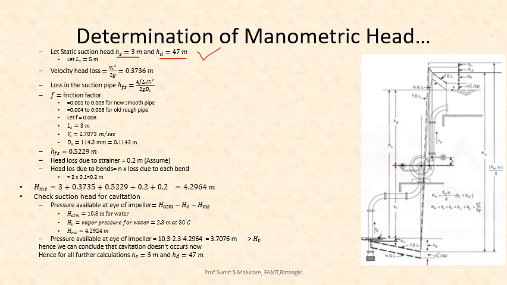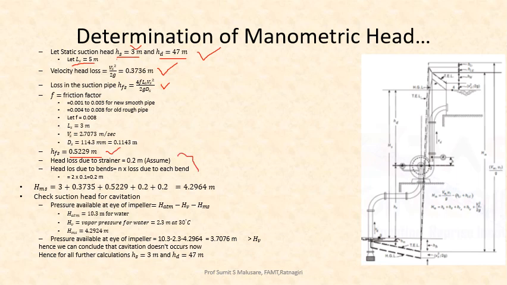meters. Okay, so now for this 3-meter head I assume the length of the suction pipe as 5 meters. The velocity head loss is Vs squared upon 2g, same 0.3736, which remains the same. Only the HFS value will be changing, that is 4flv squared upon 2gd, and that value comes out to be 0.5229 meters because the length has changed.